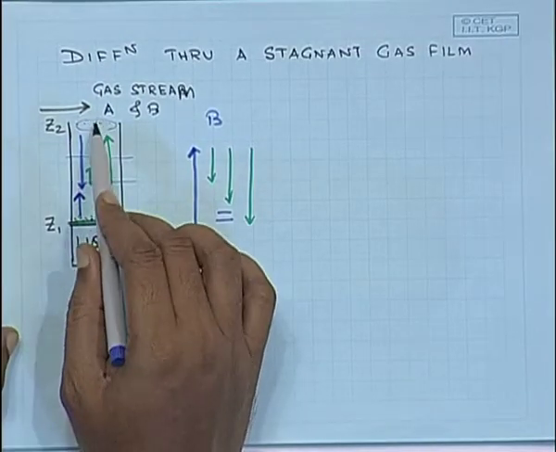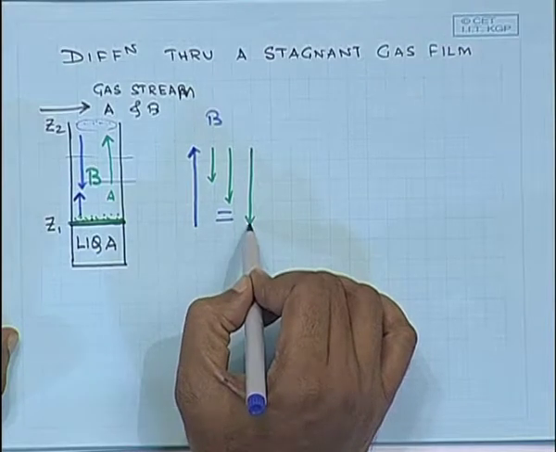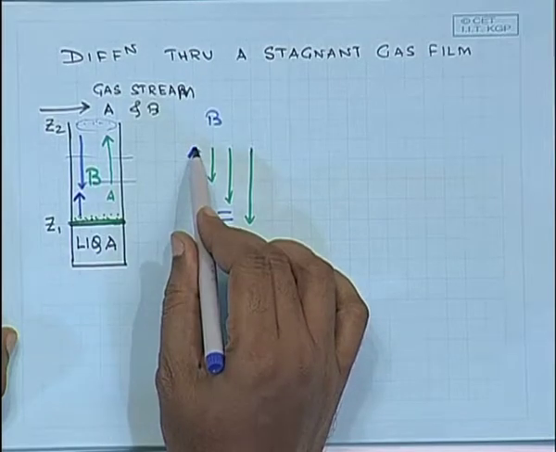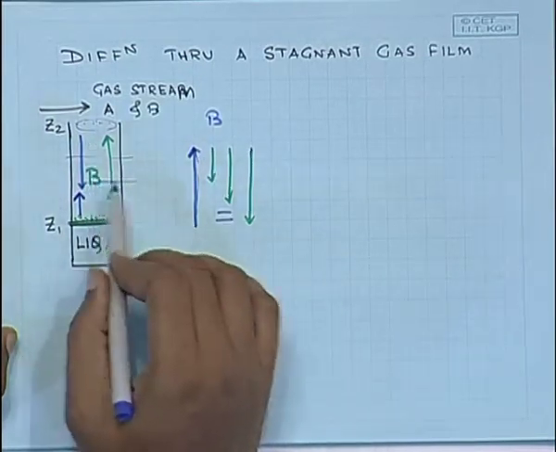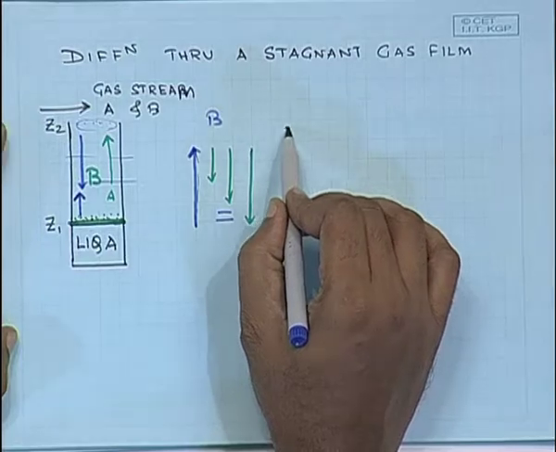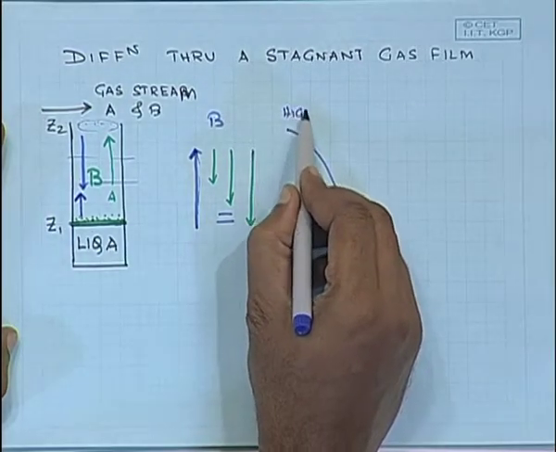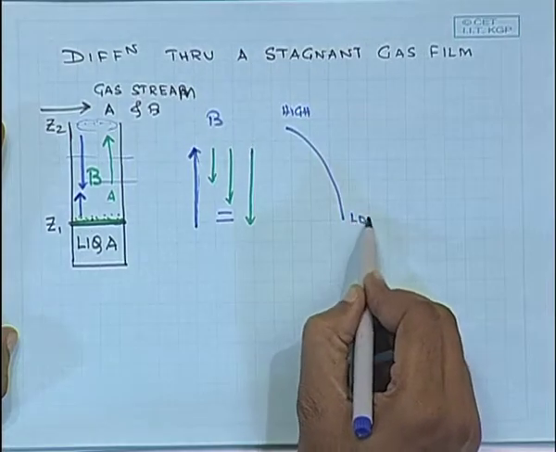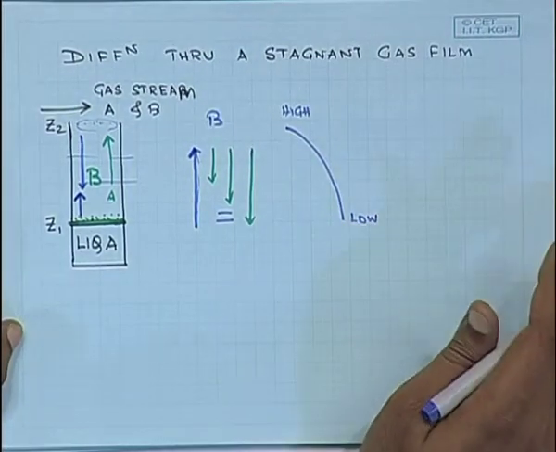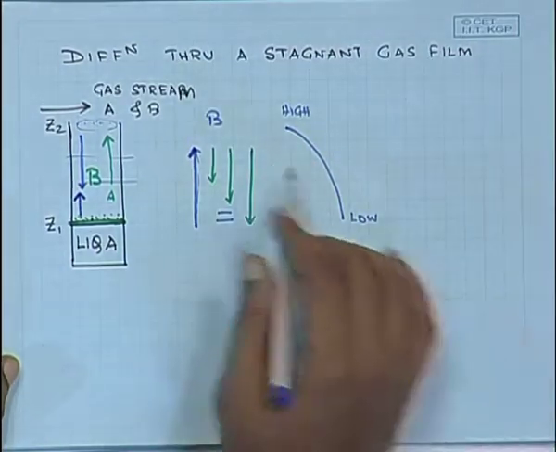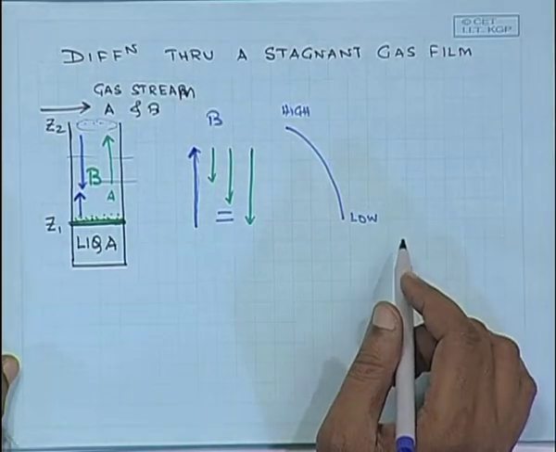So, this concentration gradient will force B towards the bottom, whereas the diffusing molecules of A will drag B along. So, in this case I have a concentration of B like this. This is high concentration and this is low concentration. It is just a pictorial depiction, the nature could be different, but this is essentially what is going to happen.